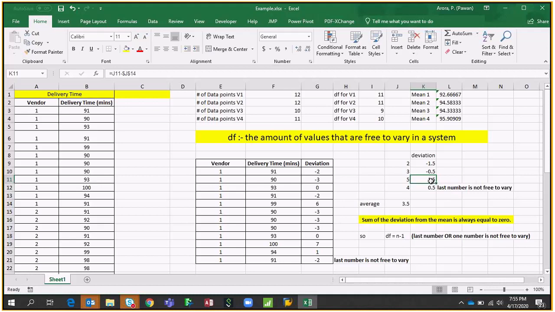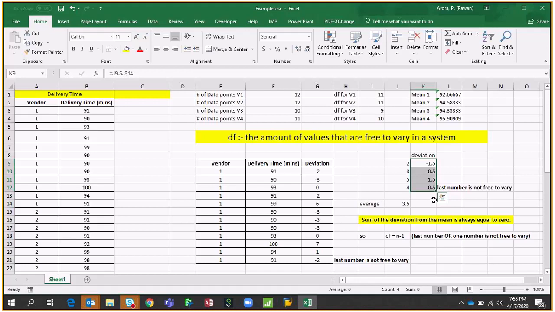There is a rule of deviation which says that in this case we have four data points, and if I take the deviation of these data points from their mean, the sum of all the deviations will equal 0. You can see the sum is 0 here: minus 1.5, minus 0.5, plus 1.5, and the last will be plus 0.5.